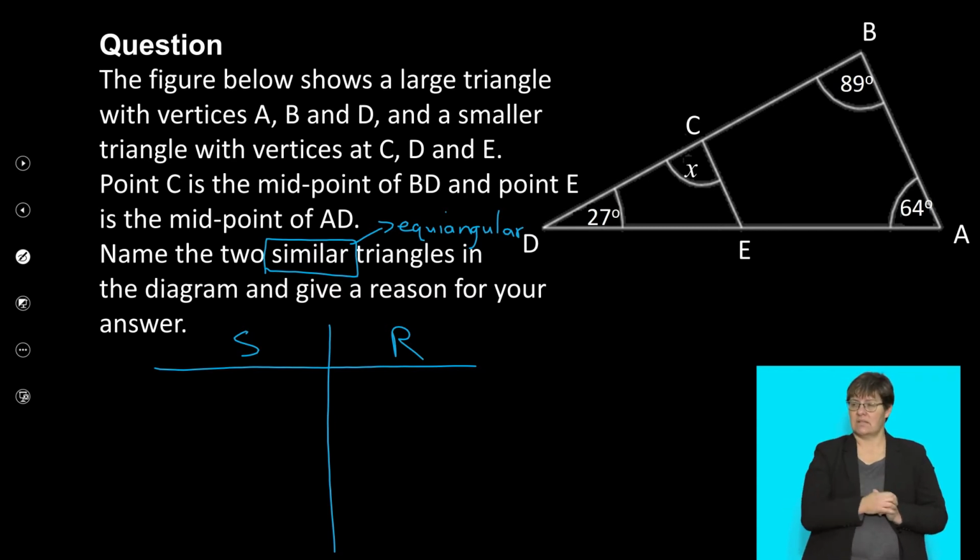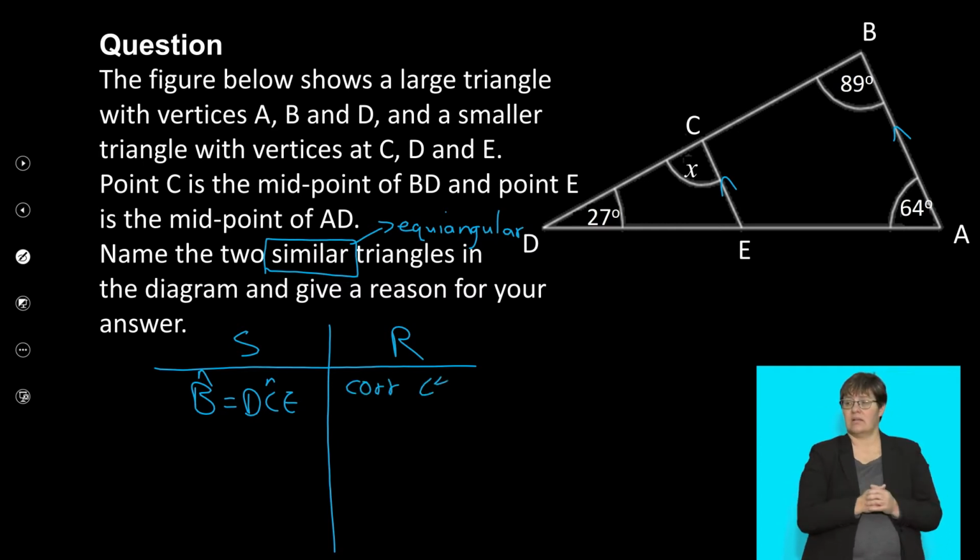My very first statement will then be, I want to talk about, firstly, the angle B being equal to the angle DCE, and then my reason for that will be corresponding angles, right?